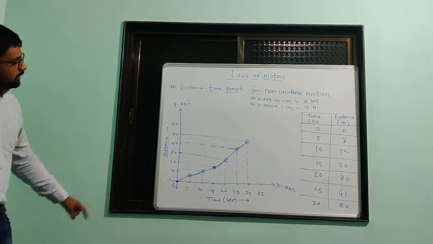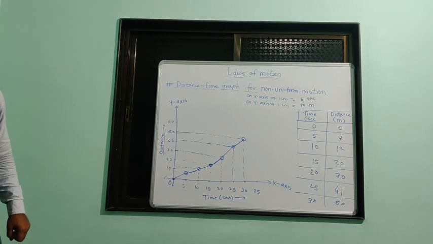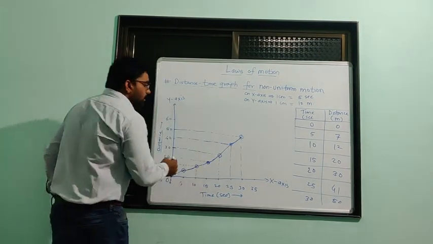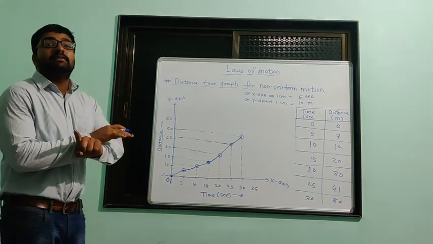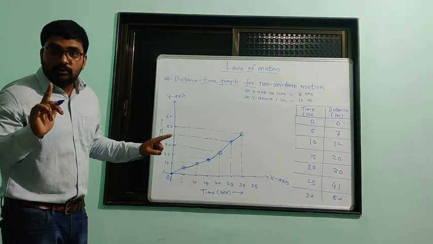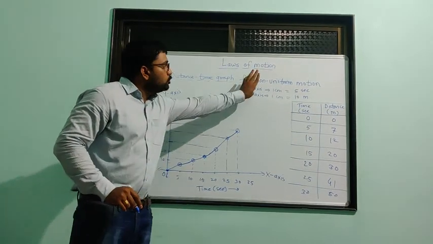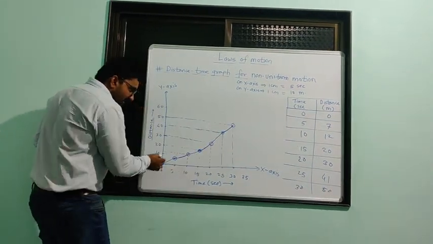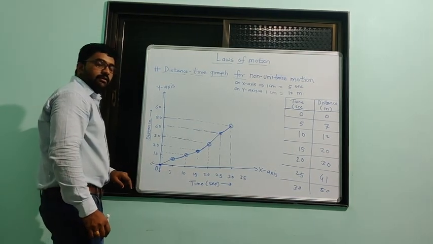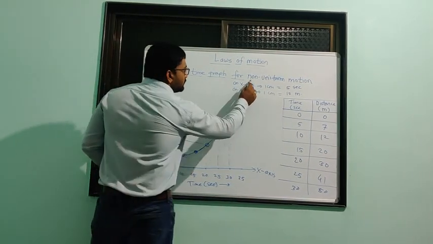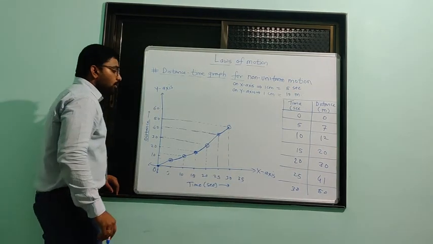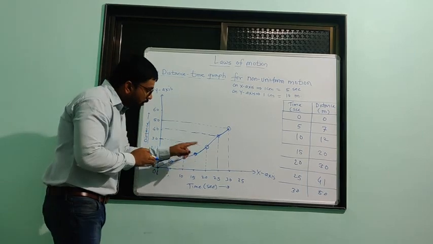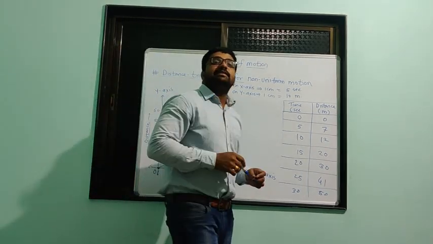If we join all those points with a line, we will see that all the points are not in a straight line. We already studied that for uniform motion the line we draw is a straight line. But in the case of non-uniform motion, all the points are not on one straight line.